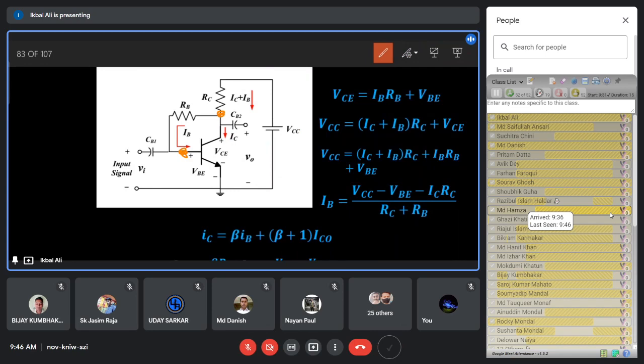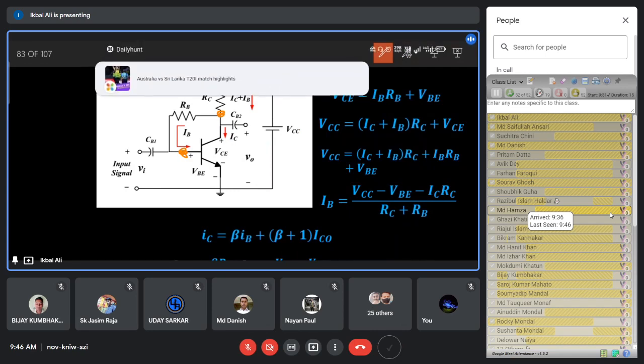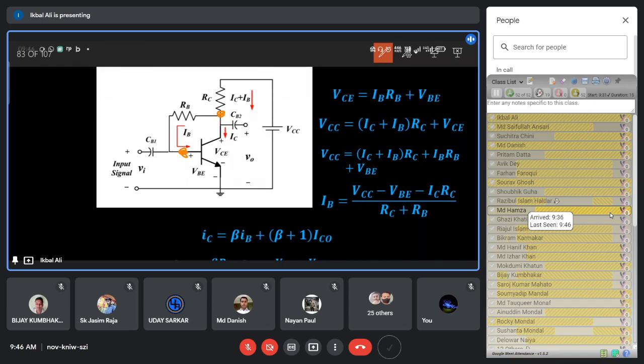Previously, in the fixed bias circuit, RB was connected between the VCC and the base, but now it is connected between the collector point and the base point. So the analysis will be slightly different.